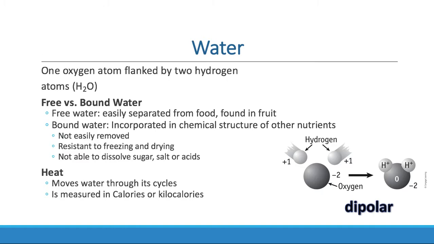And because there are so many hydrogen bonds within the large water structure between each water molecule, it needs a significant amount of energy. And this energy is given in the form of heat. So it's either that loss of heat or addition of heat, which allows it to move through its different stages. The energy from this heat is measured in the form of calories or kilocalories. So we can have water that is either bound or free within food.